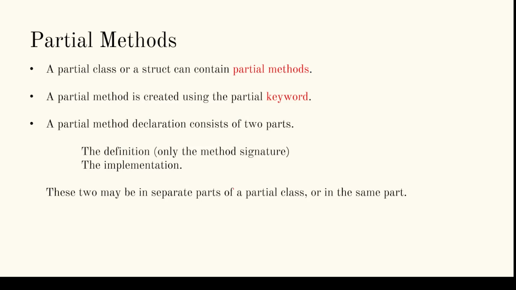So here are some key points that we should remember. Point number one is a partial class or a structure can contain partial methods. We can only create a partial method within a partial class or a partial structure. We won't be able to create a partial method in a normal class.